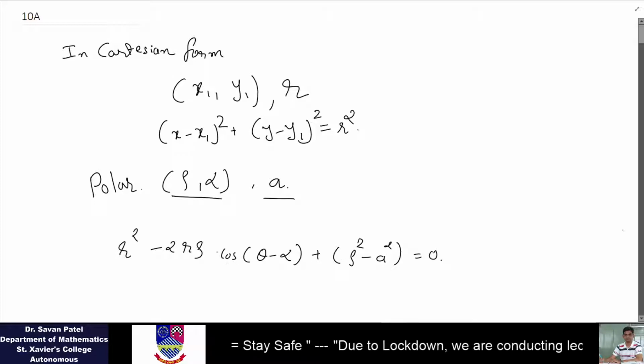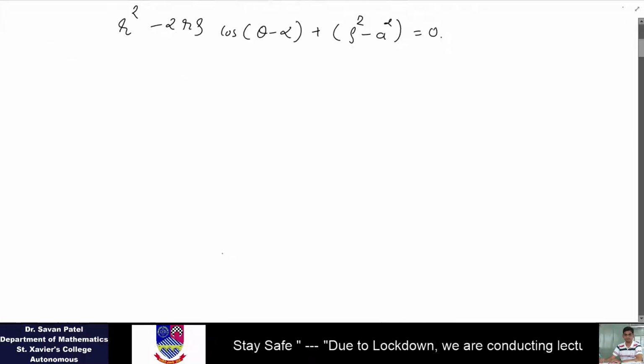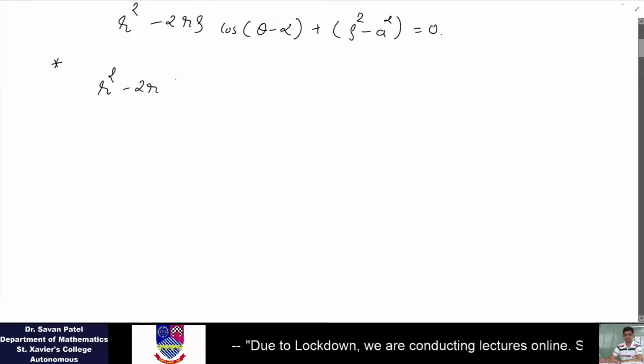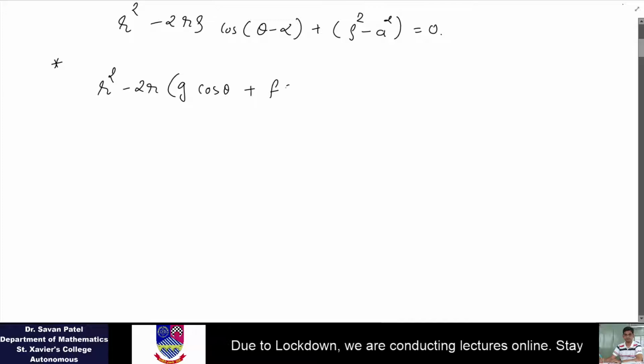Now, as you know that in Cartesian, there was a so-called general equation of circle. Similarly, here also we have a general equation of circle, that is r square minus 2r (g cos theta plus f sin theta) plus c is equal to 0.